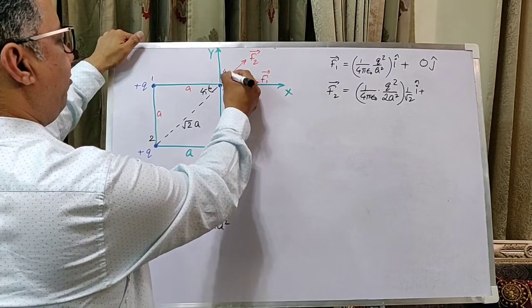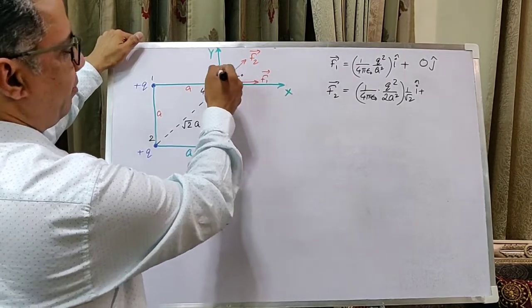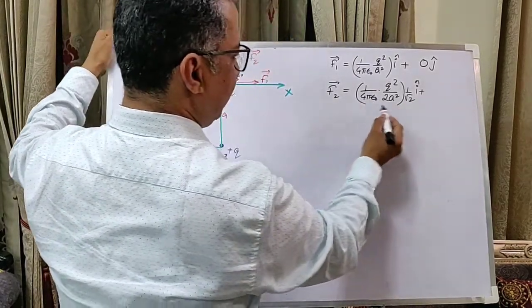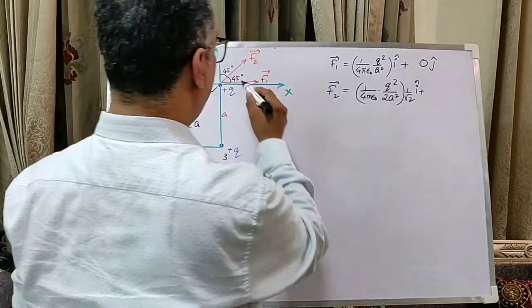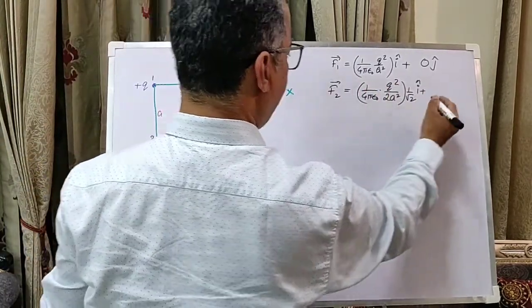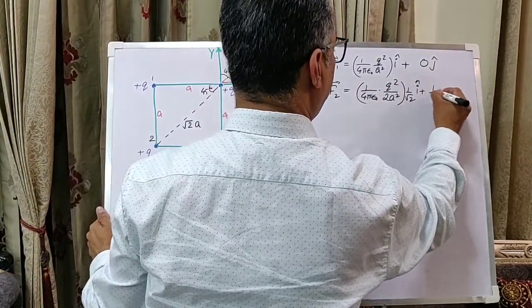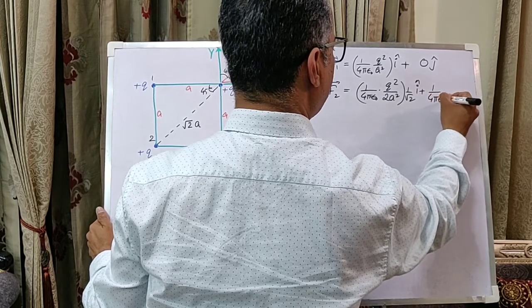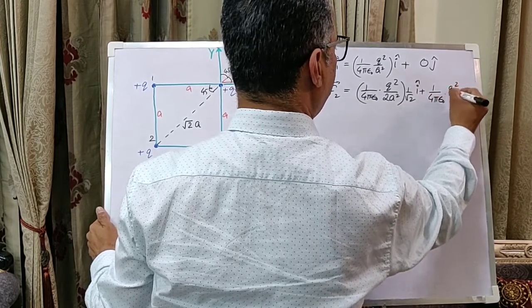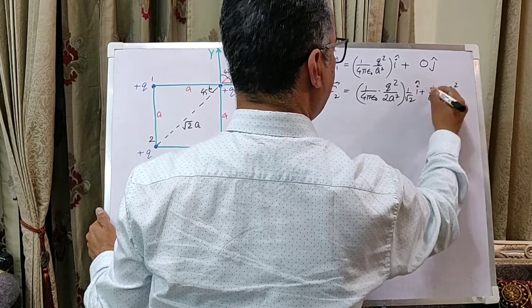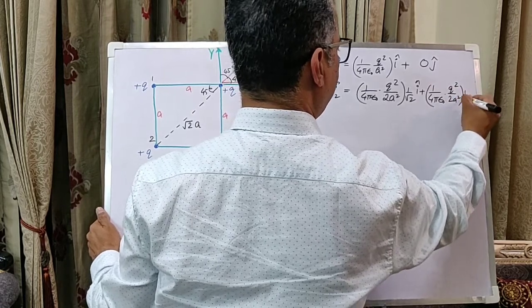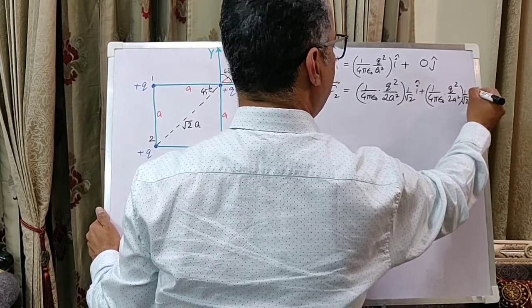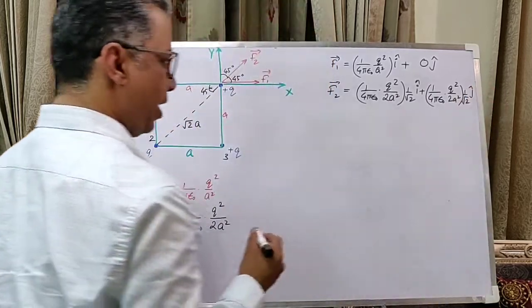This again makes a 45 degree angle with the y axis, so the same magnitude multiplied by cos 45 again. So we have 1 by 4 pi epsilon naught q square by 2a square times 1 by root 2 j cap. That's the y component.